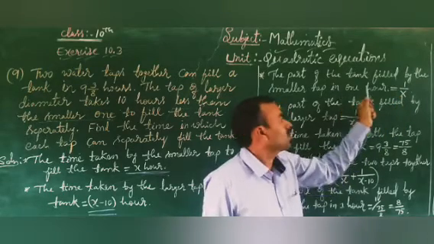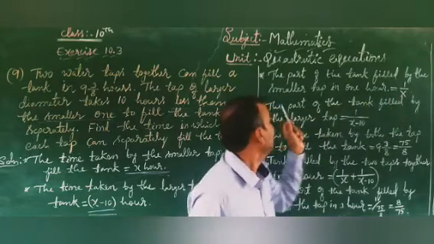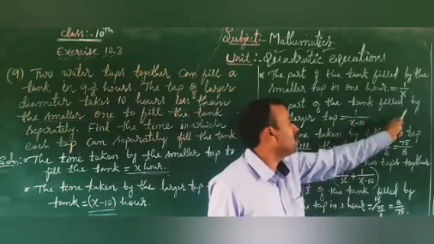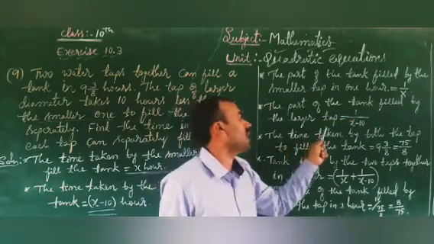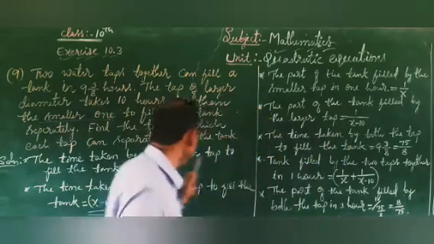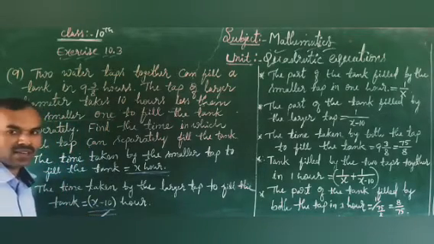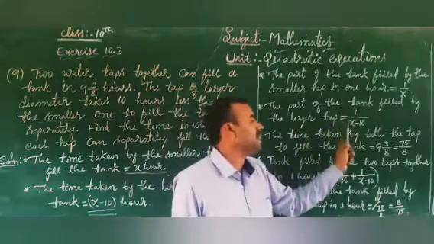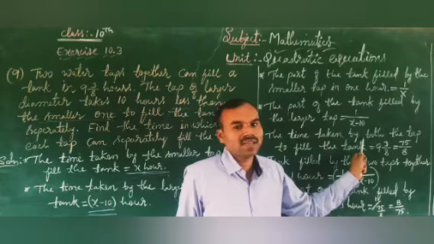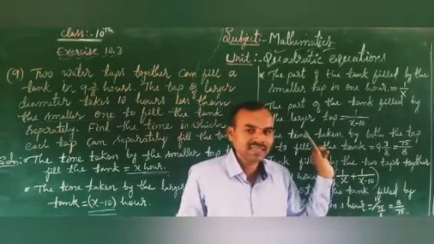Here they asked for 1 hour, so we take 1 by x. The part of the tank filled by the larger tap in 1 hour: it takes x minus 10, so in 1 hour 1 by x minus 10. Similarly in 2 hours, 2 by x minus 10, and in 5 hours, 5 by x minus 10.